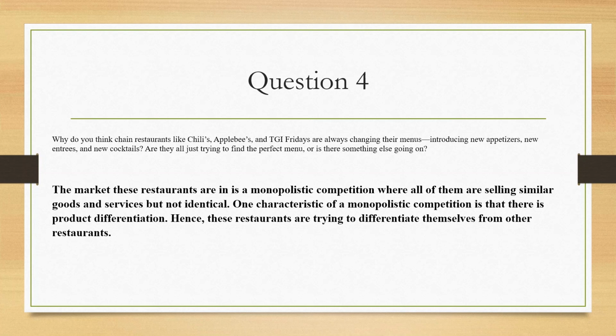And one characteristic of this type of market is product differentiation, where they sell similar types of goods, but they don't sell the same goods. Therefore, the restaurants are trying to differentiate themselves from the other restaurants by changing up their menus constantly.